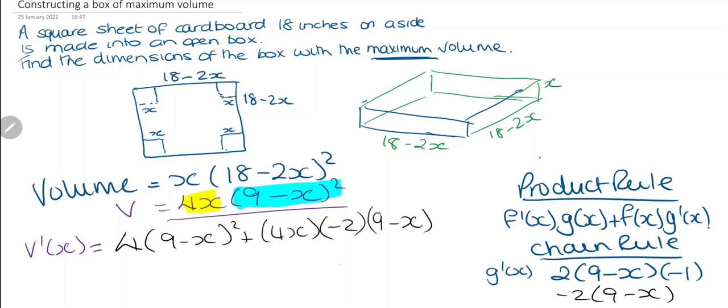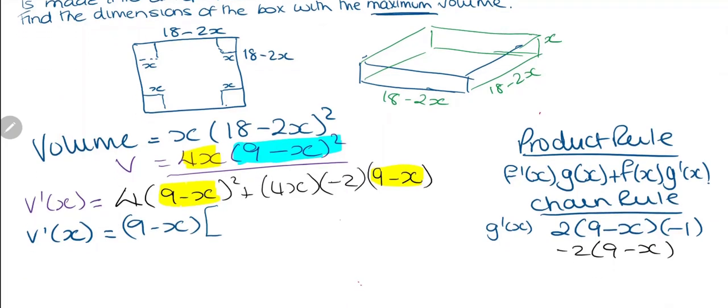So now, if we look, we have common factors. So I'm going to factor by 9 minus x. If I factor by 9 minus x, I will have 4 times 9 minus x, because we still have 1 there, plus 4x multiplied by minus 2.